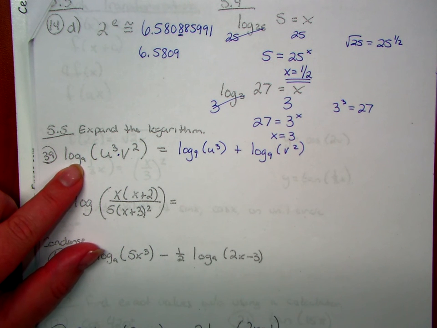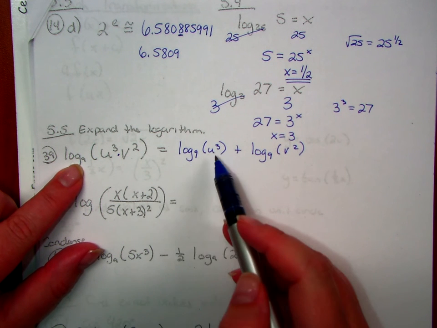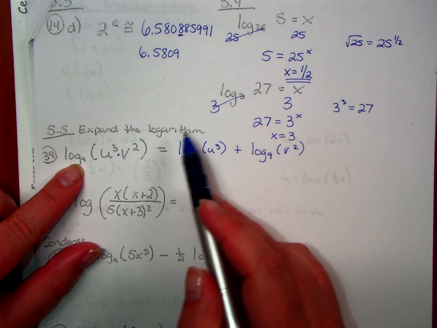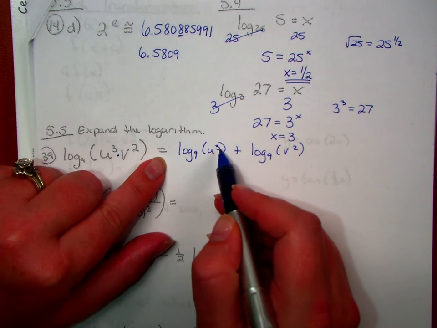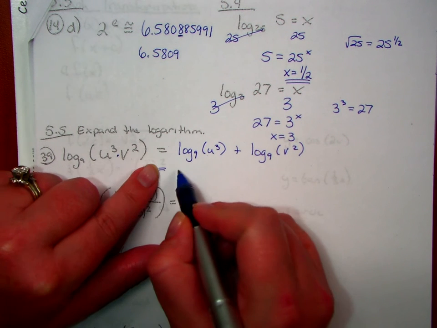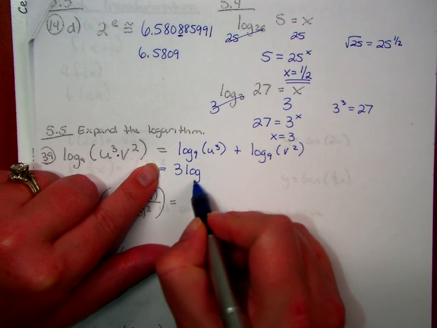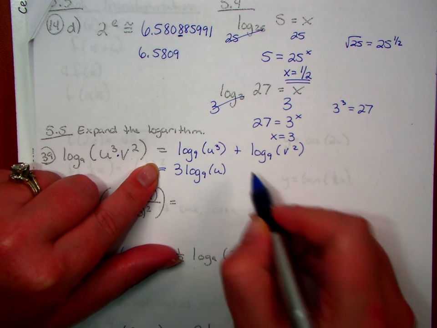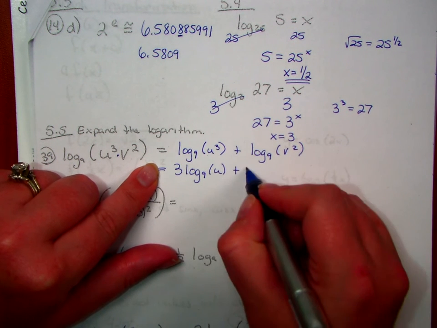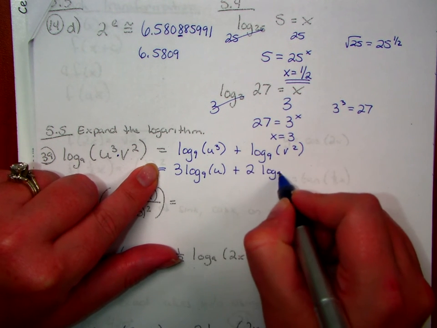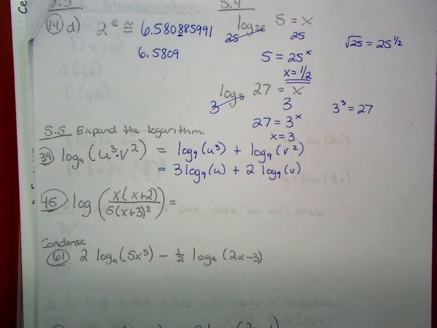Then what we need to remember to do is, if we have a power, those powers can be pulled out front. So the cube is going to come out front as a 3, and we get 3 log base 9 of u plus, and then the squared can come out front as a 2, so we get 2 log base 9 of v.